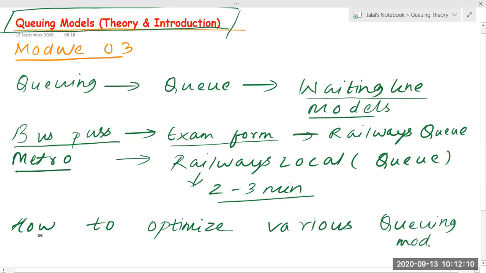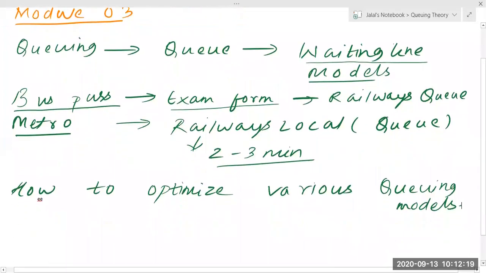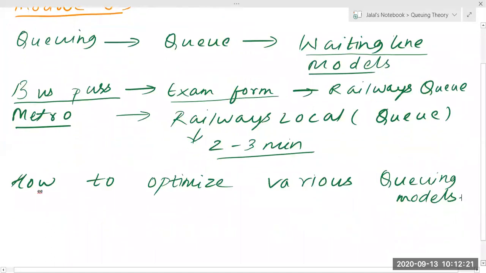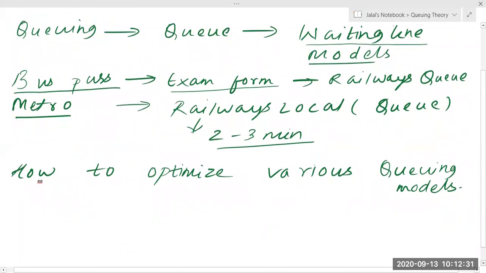One more thing I would like to tell you: even if you go to the IITs, there is a branch of industrial engineering where they are actually trying to optimize the local railway timetable. How should the local railways queue with respect to each other, so that they can optimize the queue, or the number of local railways with respect to the number of passengers at that point of time?